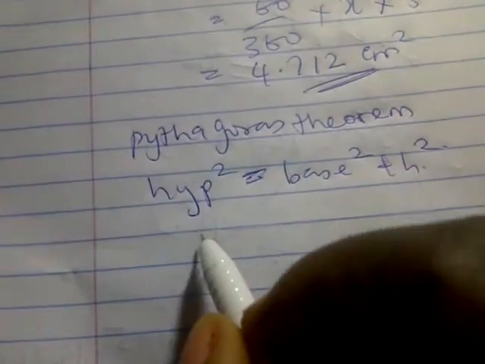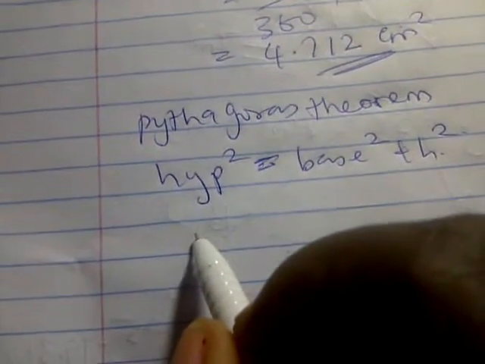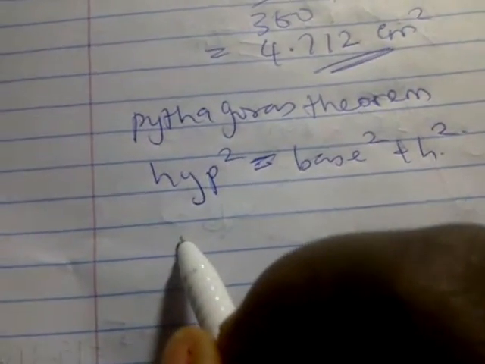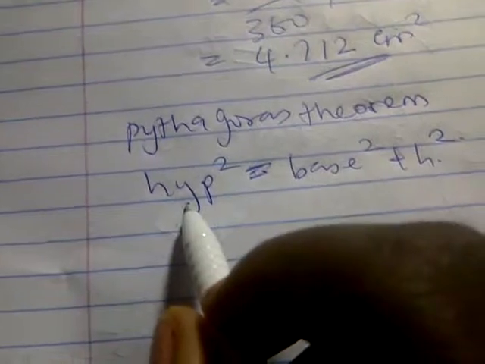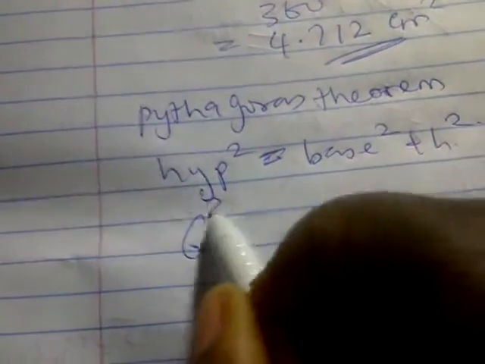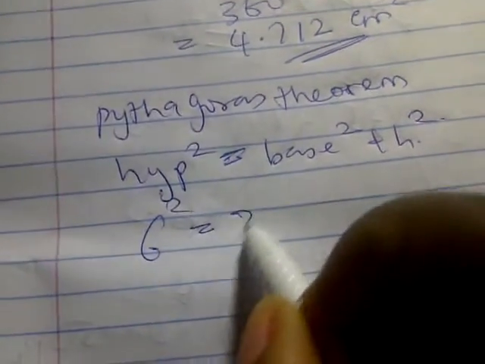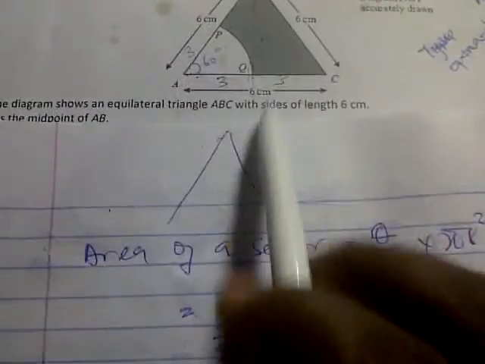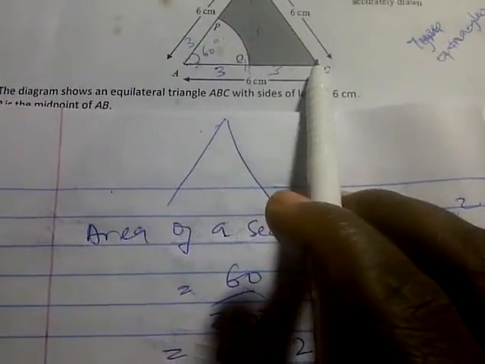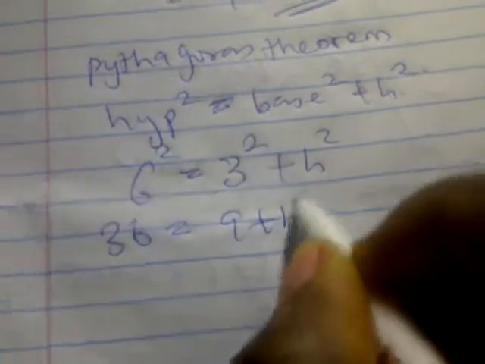Now to find the height, we're given that the hypotenuse was 6. So we'll have 6 squared equal to the base squared, which is 3 squared, plus h squared. We have that 36 equals 9 plus h squared.